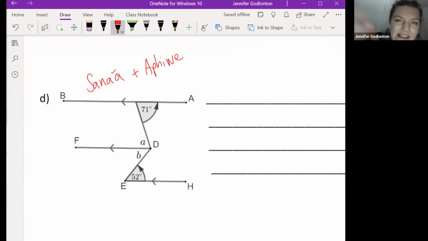So now, one volunteer is going to find B for us and Apiwe is going to find A for us. And I'm going to add another angle.